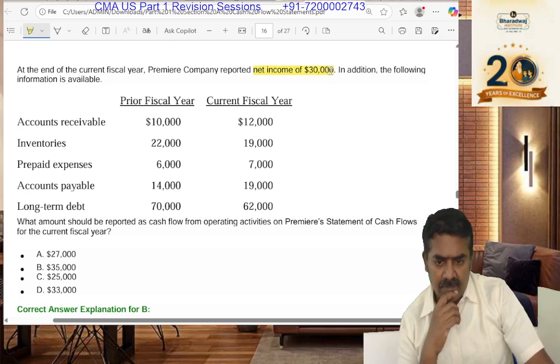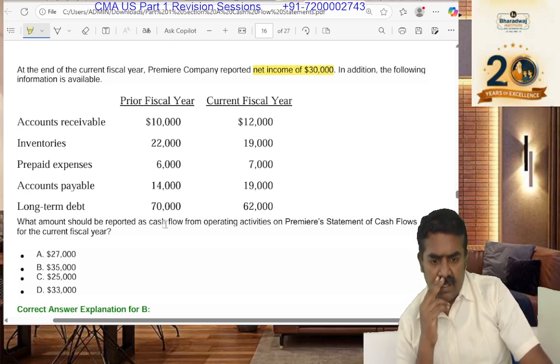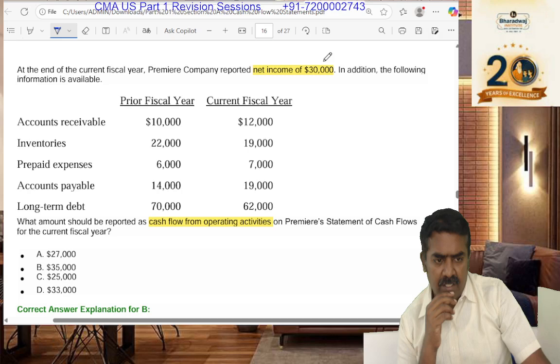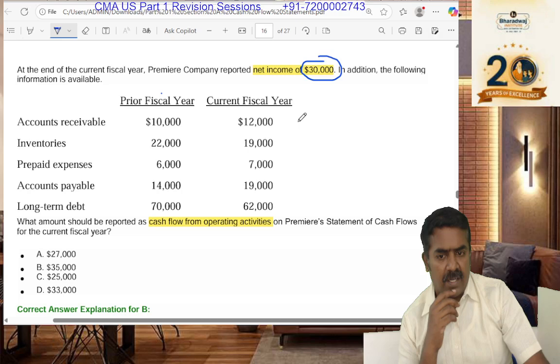Net income is given. They ask you to find out cash from operating activity. So take net income 30,000. Then accounts receivable, last year to current year. This is last year, this is current year. It has increased. Accounts receivable increased, so minus 2000. Inventory reduced, so plus 3000.